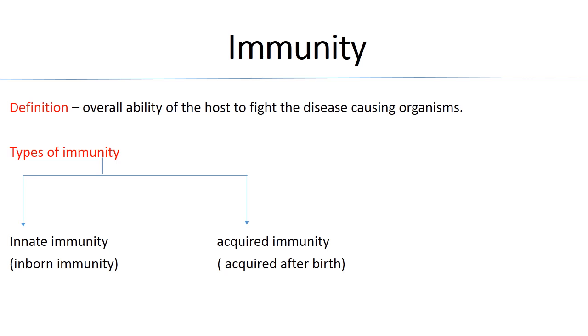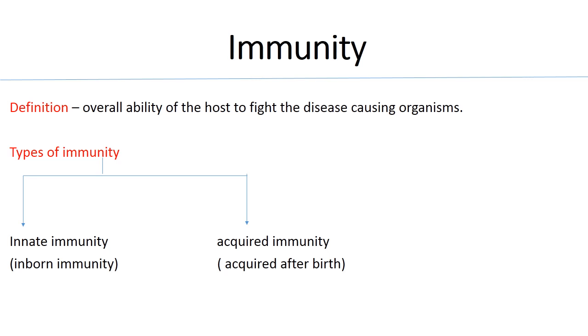Next, types of immunity. There are two types of immunity. One is innate immunity. The second one is acquired immunity. What is meant by innate immunity? Innate immunity is called inborn immunity. That means this kind of immunity is present from birth. And the second one is acquired immunity.